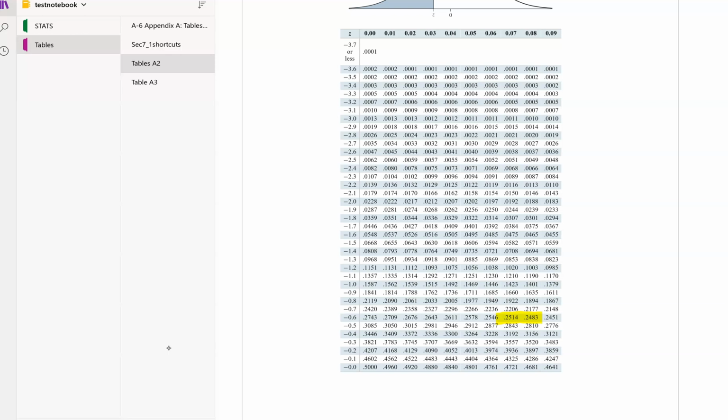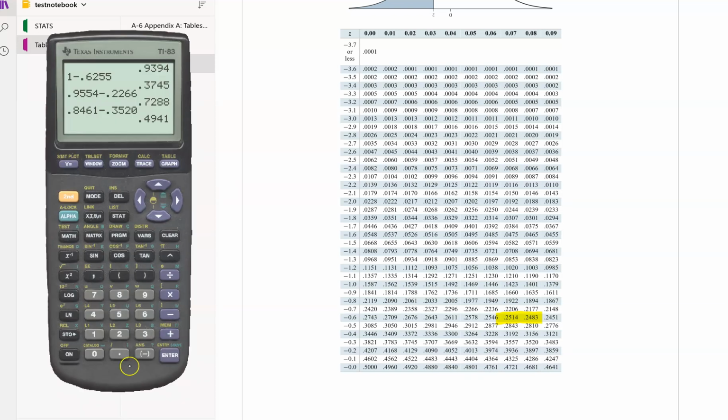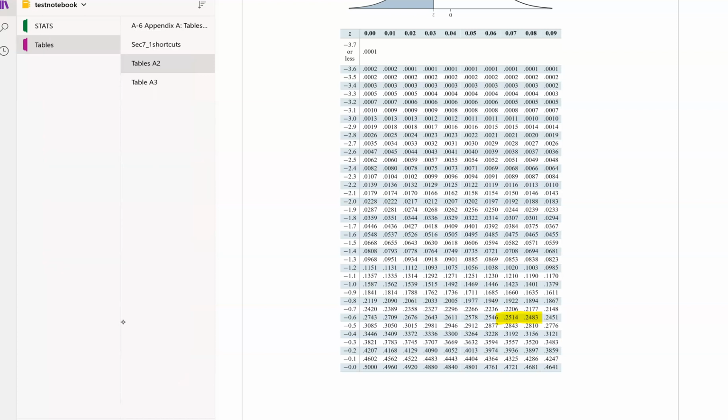If I want to do this with a calculator, it's going to be 0.2500. That's the one I want. So if I go minus 0.2483, that's 0.0017, or I could think of it as being 17 away. And this one here, I can see it's already 14 away, so this is the one I want because it's closer. So now I have to just figure out what that one is.